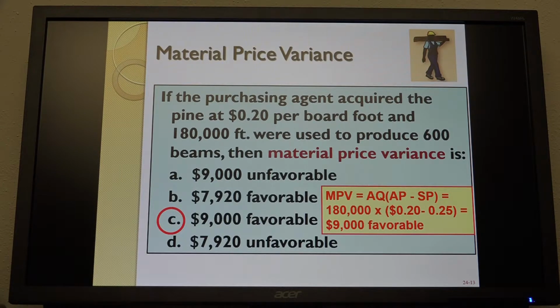What you're doing here is taking the actual quantity of 180,000 feet and multiplying that times the difference between what the purchasing agent actually acquired the pine at, the 20, minus the 25 standard cost per board foot.